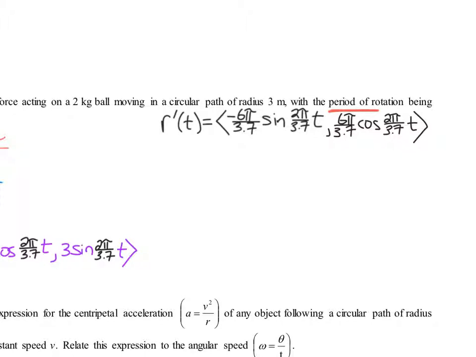Now, it's surprising to look at this and say, well, actually, looking at it isn't the surprising part. Me saying that it would be very easy to figure out the magnitude of the velocity, that might be surprising, right? Because if your two components are sine and cosine, it doesn't matter what the frequency is, because sine squared of anything plus cosine squared of the same anything is always going to be equal to 1.